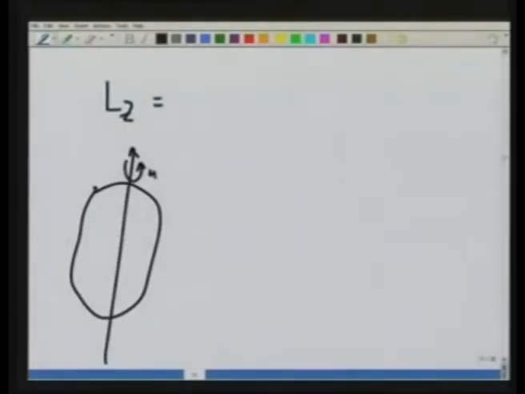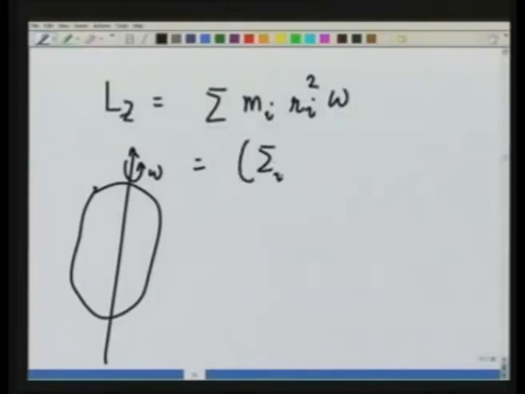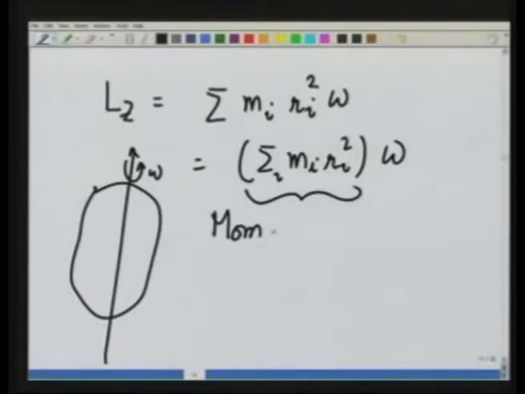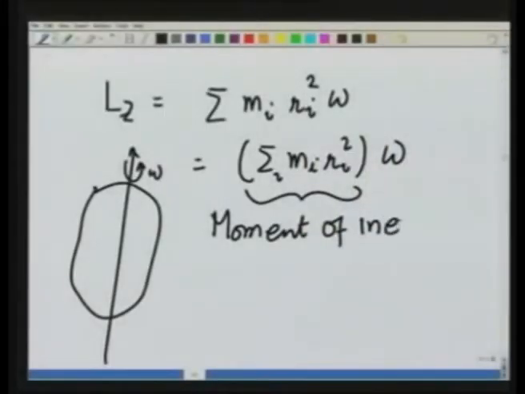with omega as summation m_i r_i square omega, which I can write as summation m_i r_i square, times omega, and this we call the moment of inertia about the z axis.